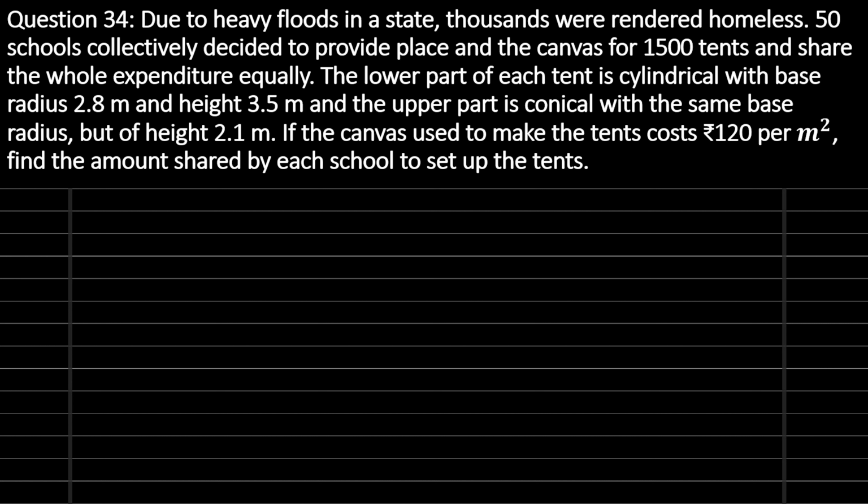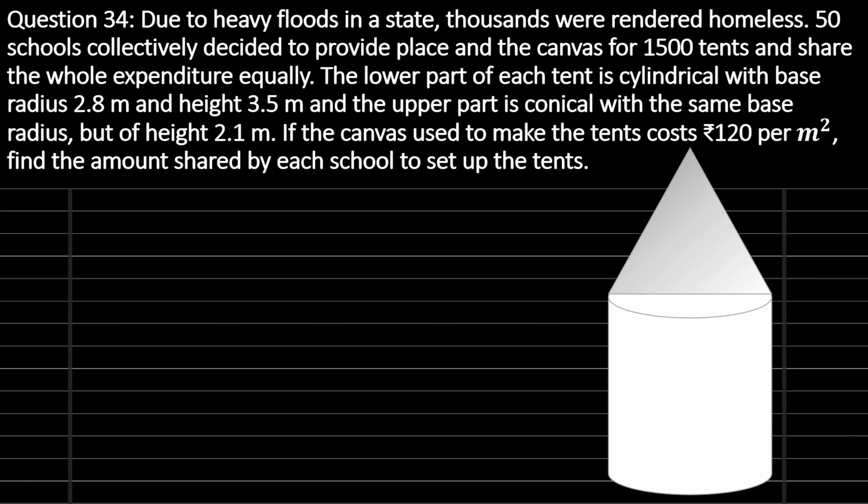The lower part of each tent is cylindrical with base radius 2.8 meter and height 3.5 meter, and the upper part is conical with the same base radius but of height 2.1 meter. If the canvas used to make the tents cost rupees 120 per meter square, find the amount shared by each school to set up the tents.